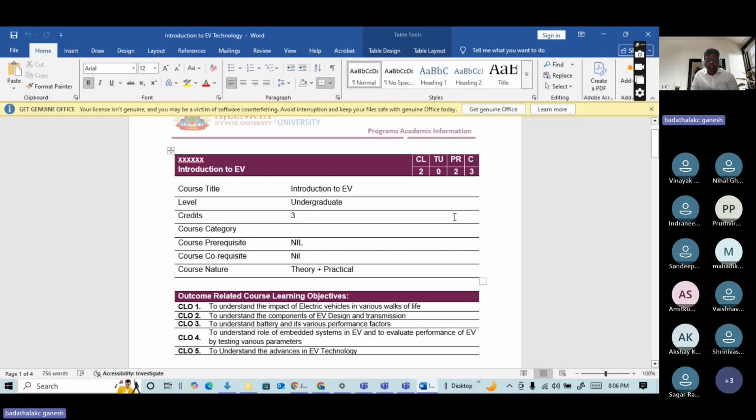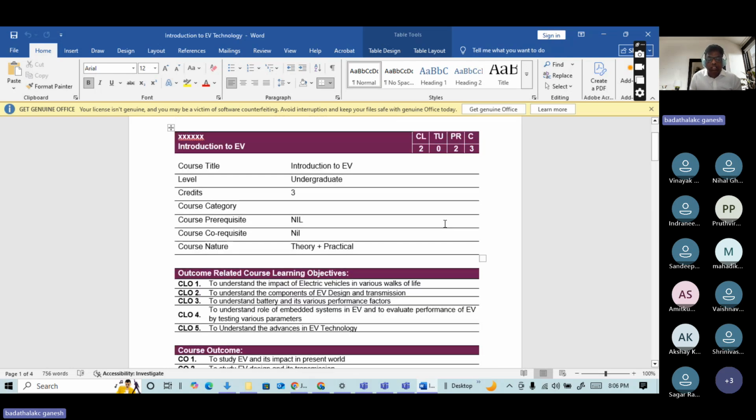Introduction to EV. This will be a theory plus practical embedded course. This is a new technology, so we will have both the theory as well as practical. Some practicals I have developed on my own: speed control of EV, how the speed control takes place in a vehicle, what the various microcontrollers are that we are going to use there, and also the direction control of EV.